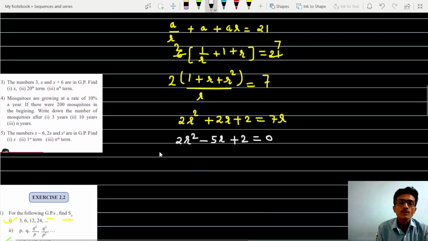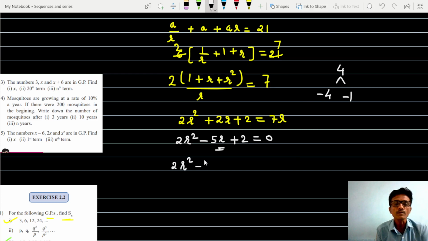Then 4 we factorize into 4r square, so the middle term we will split. 2r square minus, see this is 4 we split into 4 or 1, minus 4 or minus 1.